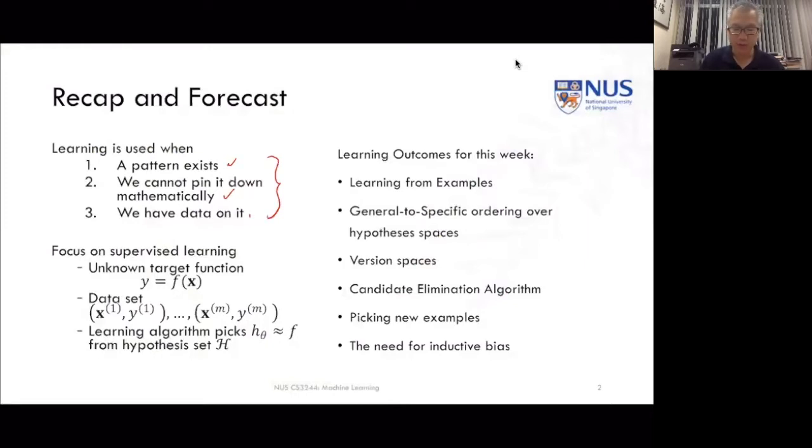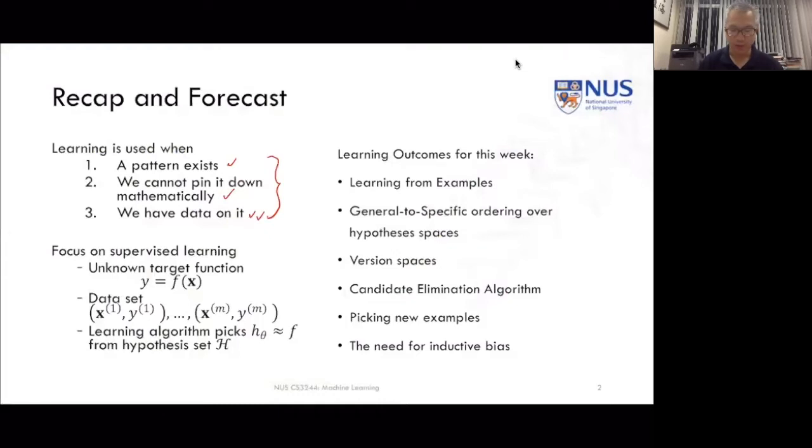And the third point is the most important because without data, you wouldn't be able to learn from it. So even if there's no pattern or even if it's amenable to being written down mathematically, we can still run machine learning algorithms on that type of data, but we have to have data.